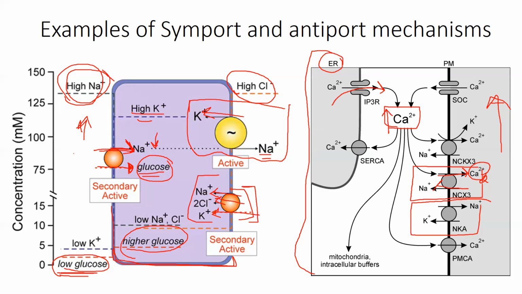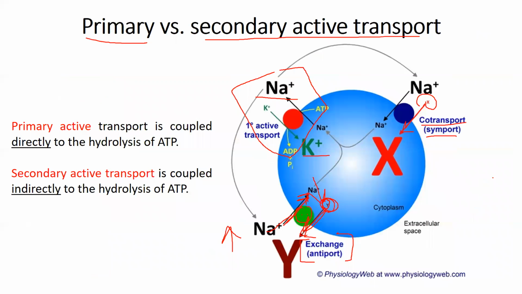Yes, exactly. So the sodium potassium pump is the main driver, because remember, the secondary active transport doesn't directly consume energy. It takes advantage of the gradient that is made by the primary active transport. The primary active transport will transport sodium to the outside. It will concentrate sodium on the outside. And so this will make a huge concentration gradient for sodium to go to the inside, right?